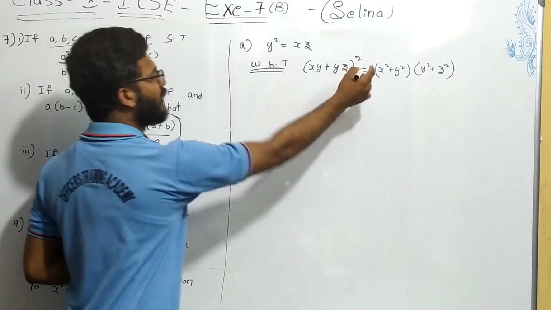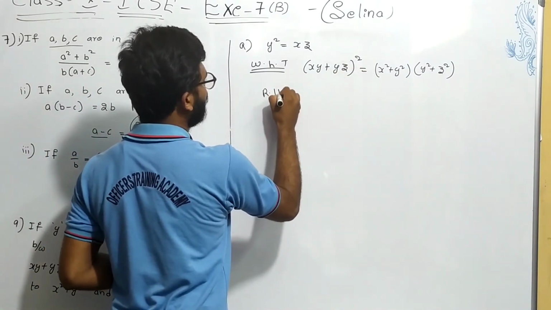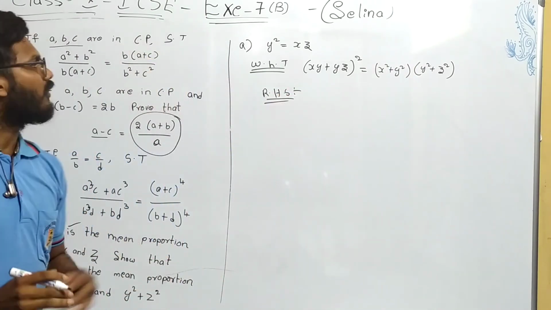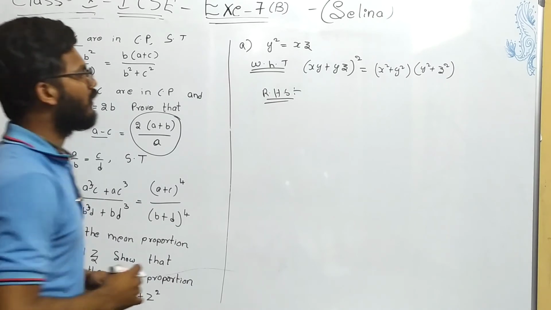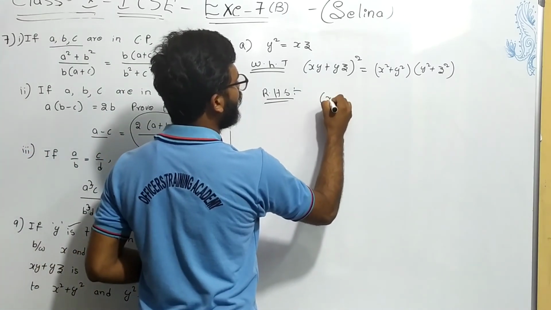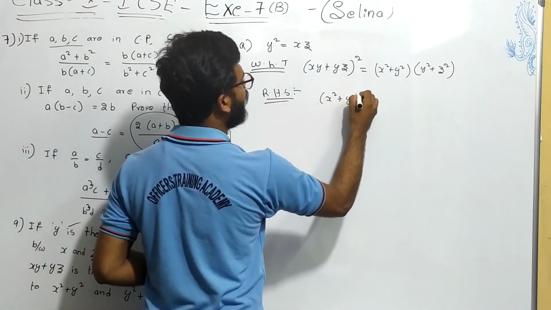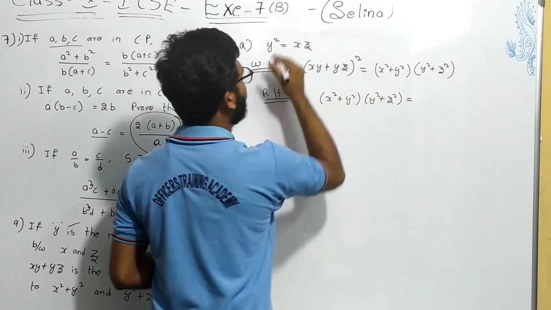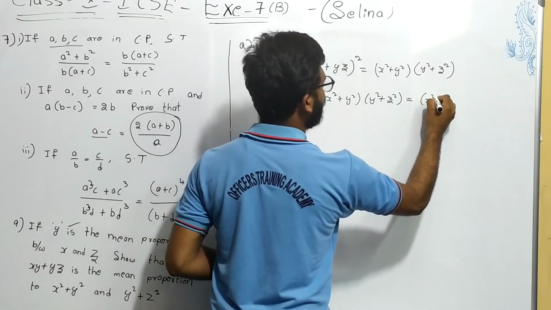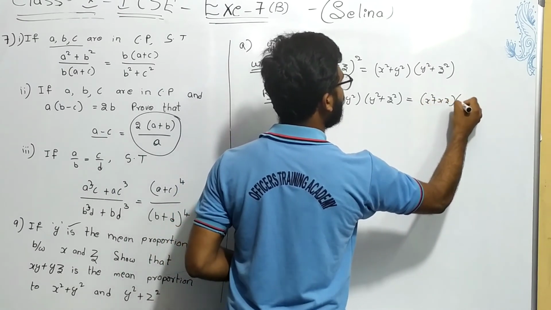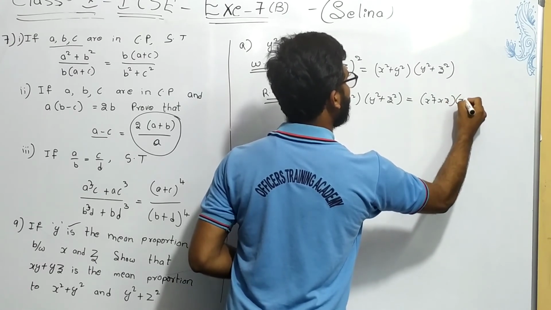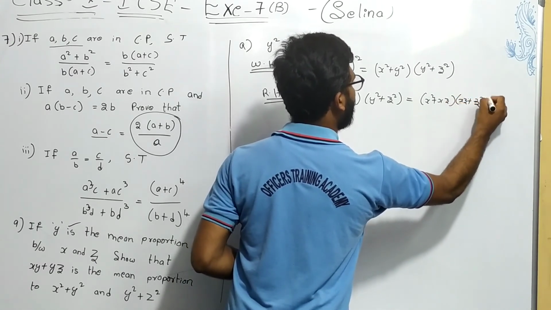So from this, I am taking RHS. Why? Because there is y there, or else we can take LHS also, no problem. Okay, so I'm taking RHS first. So x square plus y square into y square plus z square, right? So instead of y square, can I write xz? So x square plus xz into xz plus z square.